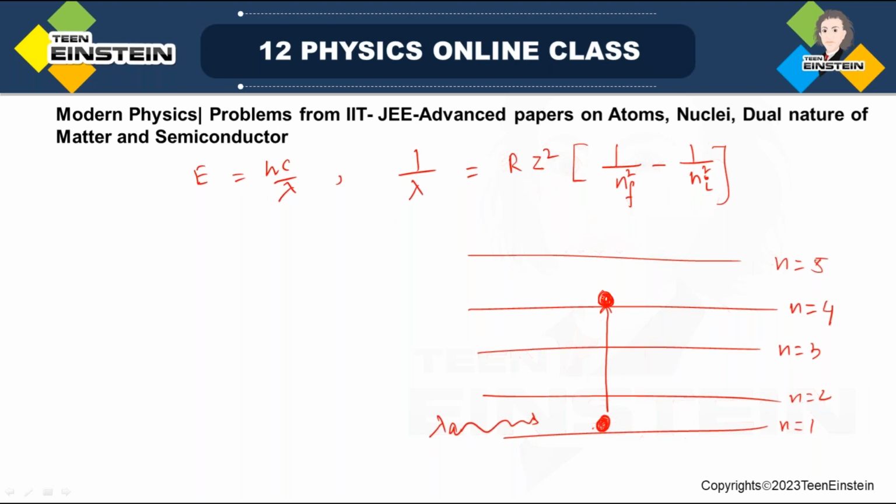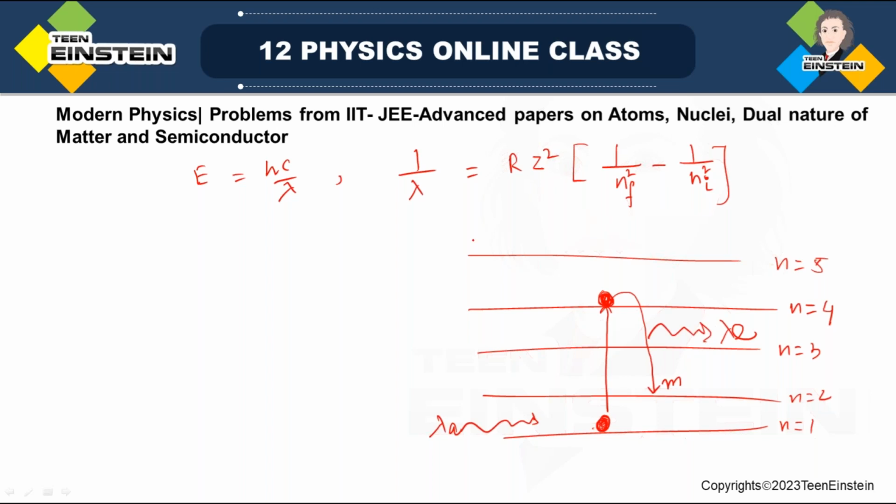Immediately after going up to here, it gets de-excited to some level. We don't know what it is, so that is the mth level, say. It gets de-excited to the mth level, and at that time it emits a photon of wavelength lambda e.